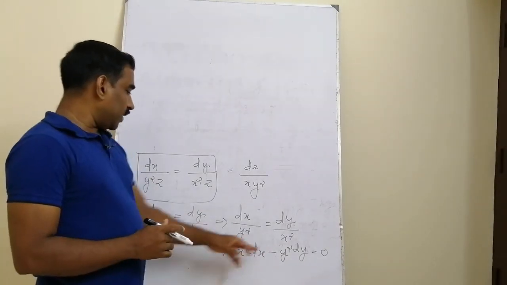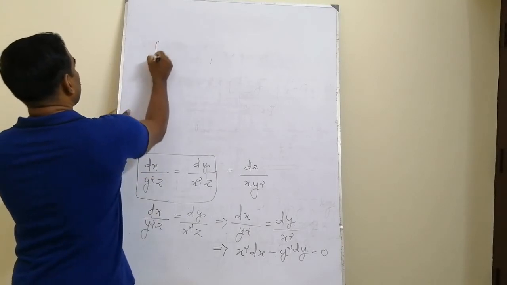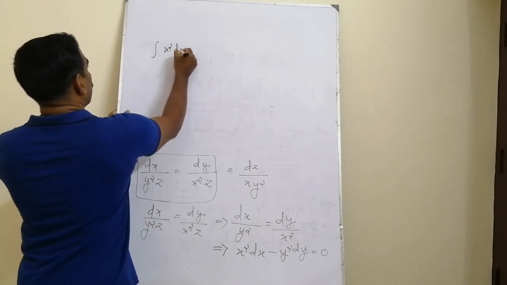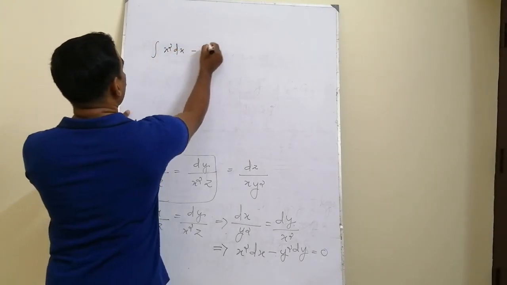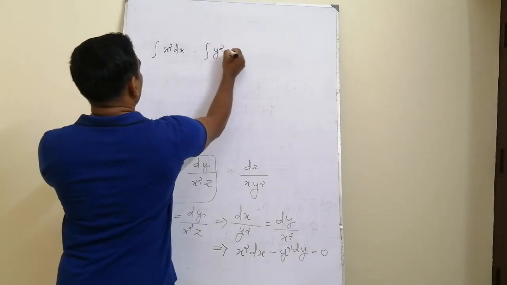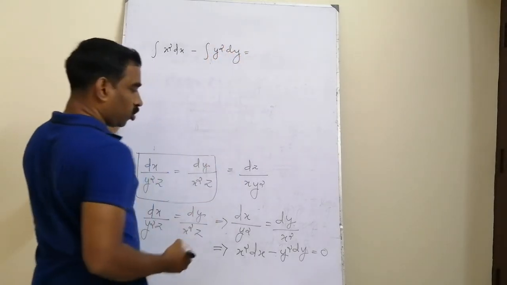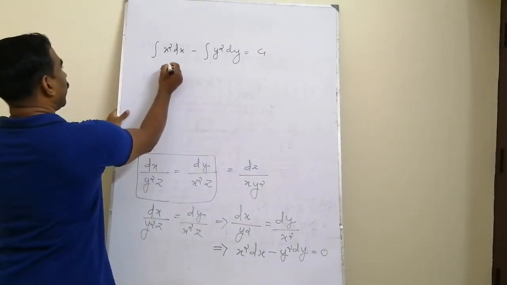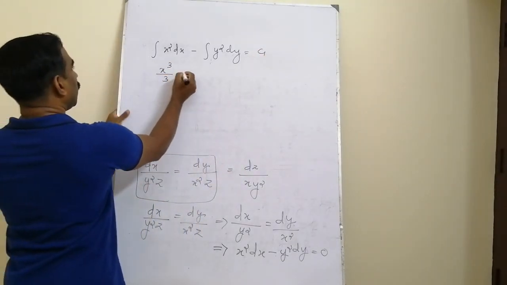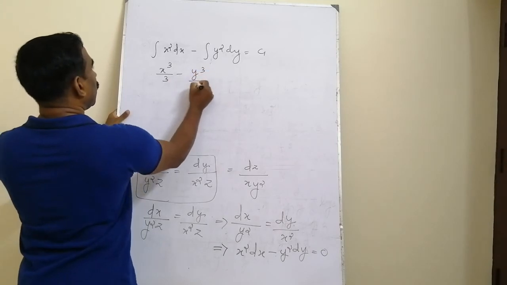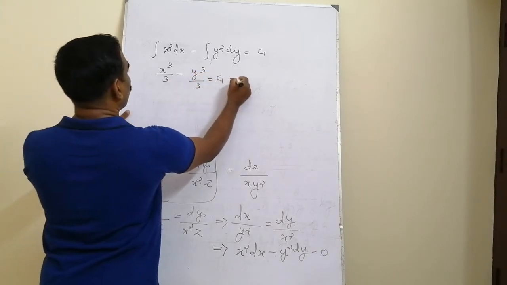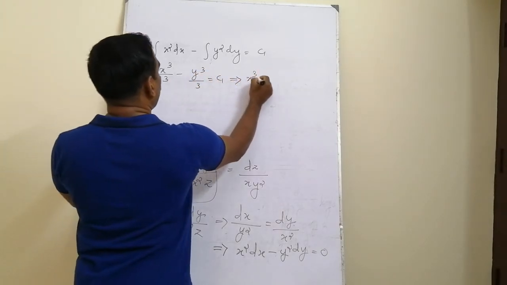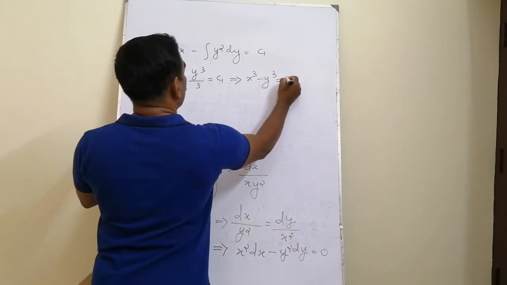Now integrating both sides, we get integral of x² dx minus integral y² dy is equal to a constant of integration, say c1. This integration will give x³/3 − y³/3 = c1, or x³ − y³ = 3c1.